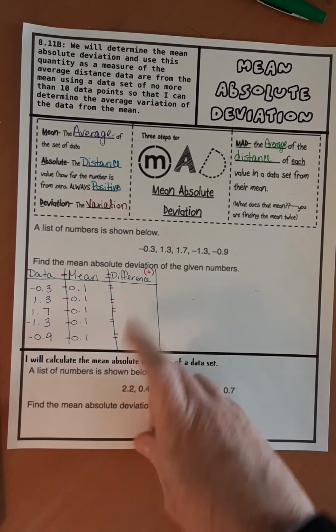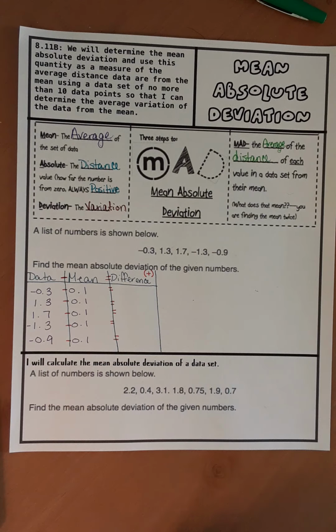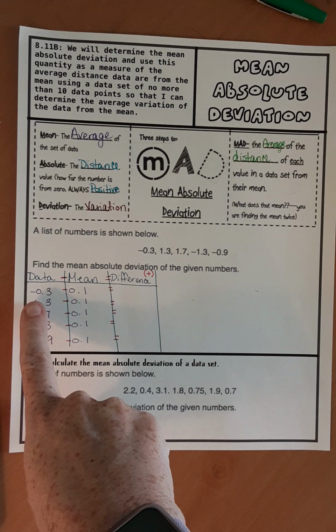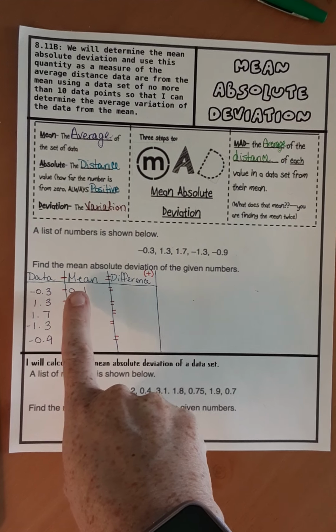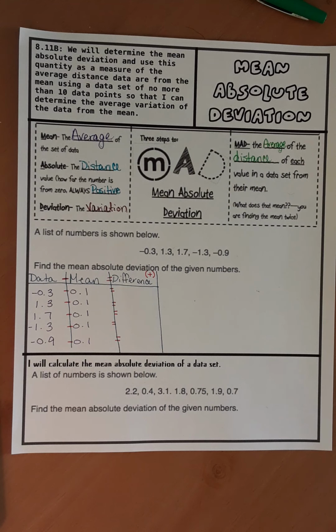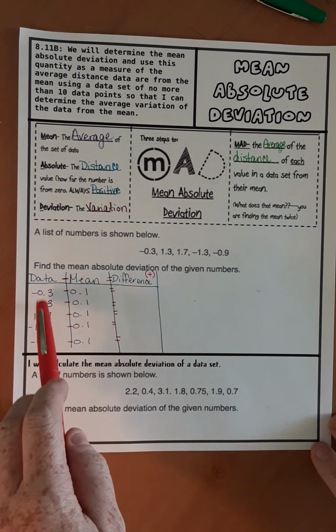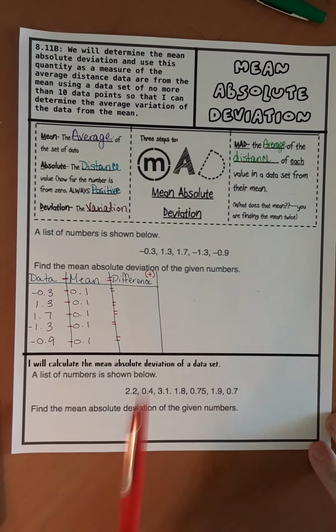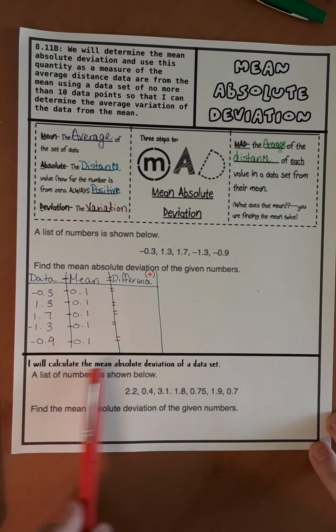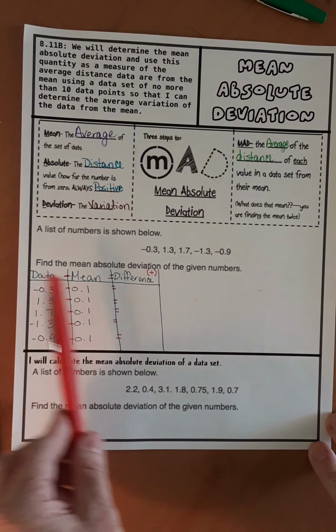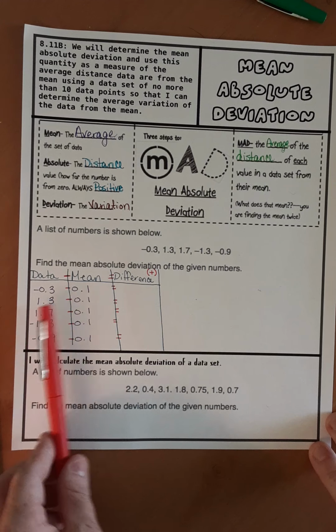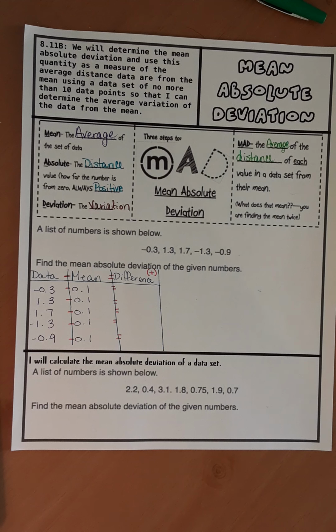Because to find my difference, I'm going to subtract my data minus my mean to get the difference. The reason I have you do this is so that in your mind, you remember to go from left to right and don't accidentally subtract the mean minus the data, which would give you a different answer in some cases, which would affect your end result.